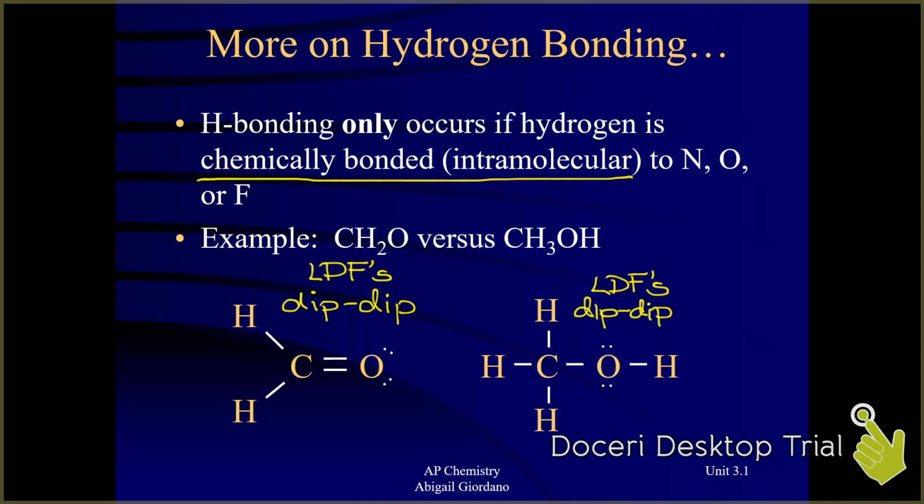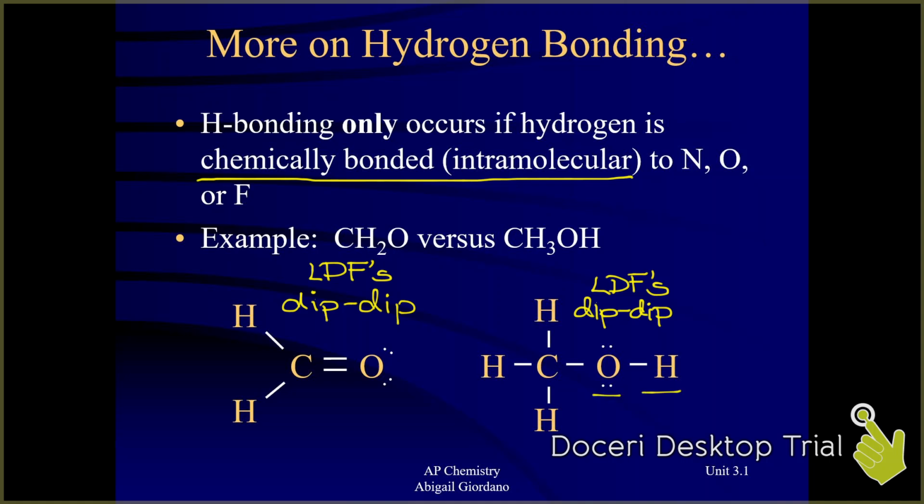However, only one of them is experiencing hydrogen bonding, and maybe you can already sort of guess here. Remember, hydrogen has to be present, N, O, or F has to be present, but the final stipulation is that the hydrogen has to be chemically bonded to N, O, or F, and I can see that in this one.